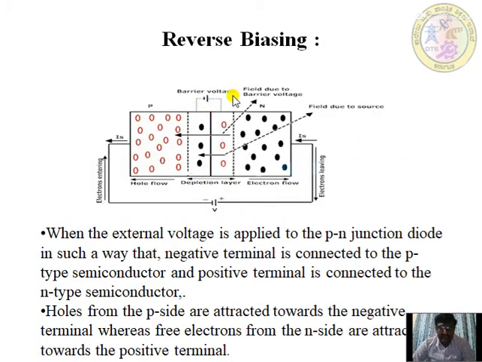Next, for the reverse biasing. For reverse biasing, the only thing you are doing is changing the terminals of the external voltage you apply, from positive to negative and from negative to positive.